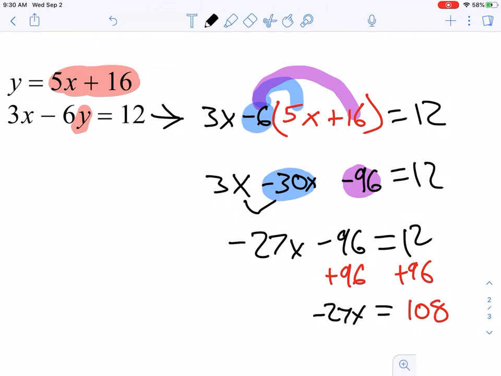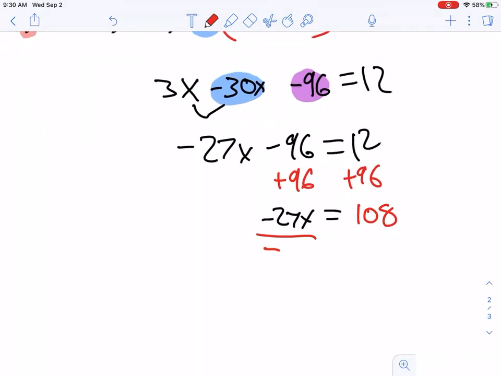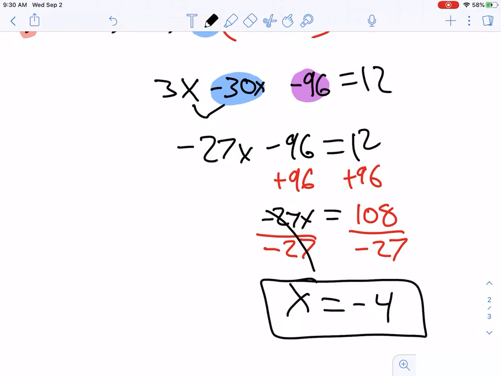And when I divide negative 27 to both sides to get x by itself, even though these are large numbers, the process is still the same. If we were using 1s and 2s, or if we're using 108 and 27, the process is still the same. And x equals negative 4. So 108 divided by negative 27 is negative 4.